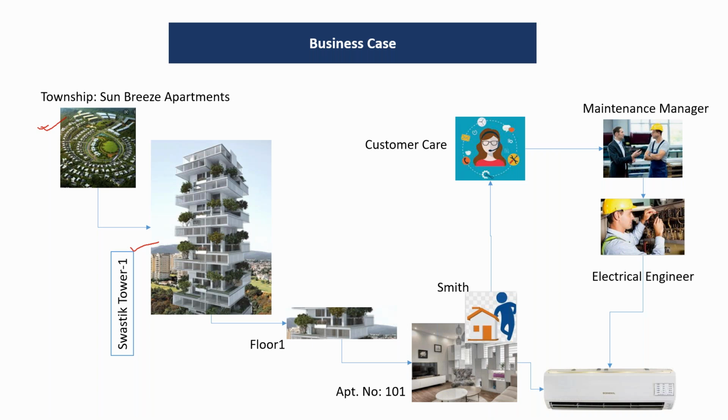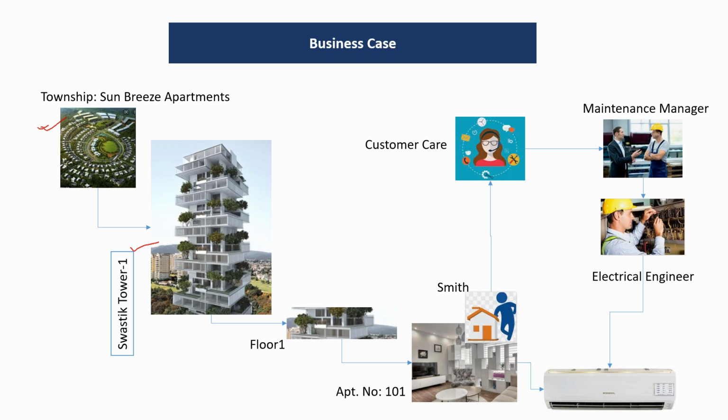For example, let's say you have flats that are fully furnished, and the real estate company providing the facility is responsible for managing the entire building or locality, and they own all these assets. These are the different equipment mounted in different places, like a refrigerator and a washing machine.